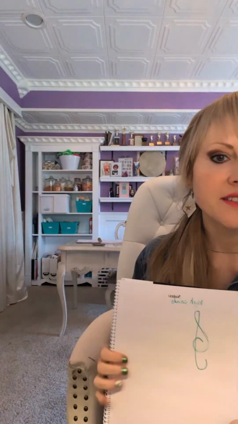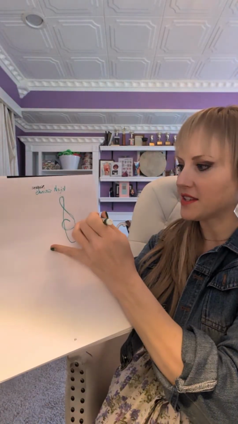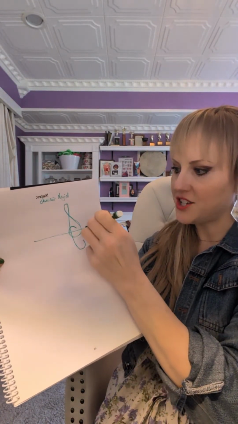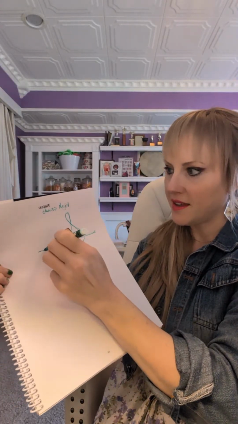And the treble clef has another name. Do you know the treble clef's other name? The G clef. And so, do you know why the treble clef is called the G clef sometimes? Two reasons.